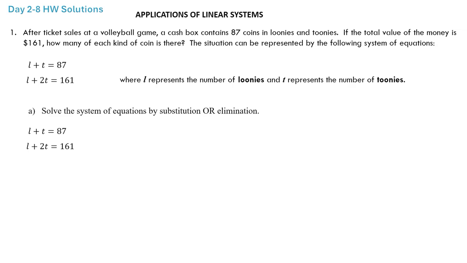So we have L plus T equals 87 and L plus 2T equals 161. The L's for loonies are already matching up. They have the same coefficient and they're both positive. So we can use subtraction to eliminate the loonies.